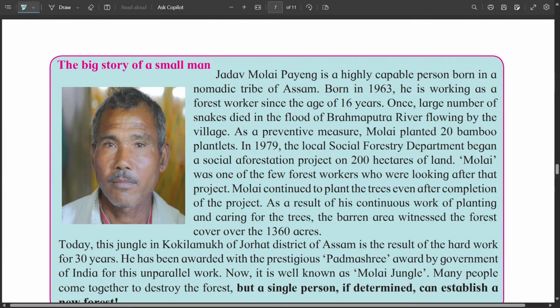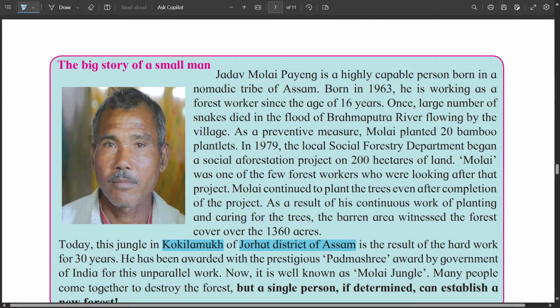As a result of his continuous work of planting and caring for the trees, the barren land has witnessed a forest cover of over 1360 acres. Today, the jungle in Kokilamukh of Jorhat district of Assam is a result of hard work for 30 years.